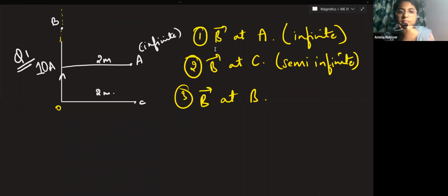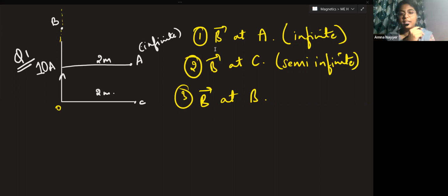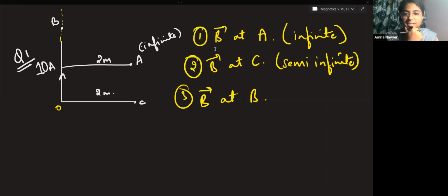Ma'am, for the third one, at B, which formula are we supposed to use? Third one is a different thing that we have not discussed yet. First and second part, you have tried, no? Yes, let's discuss it. Liana is right. That's the right answer, Liana. I'll discuss it with the class as well.